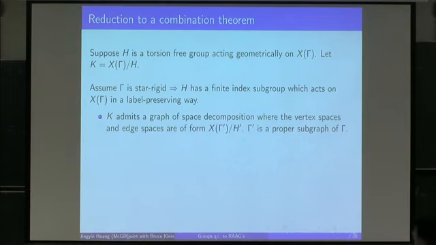So you can decompose this K into simpler vertex and edge spaces which are of the same type. This suggests that perhaps there's some way you can use induction. Okay, so this would be the first observation.